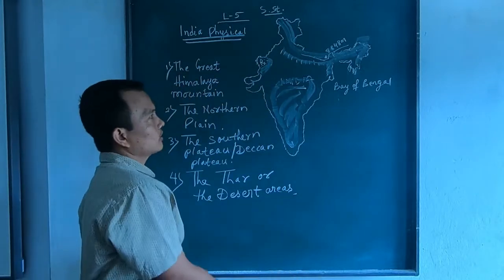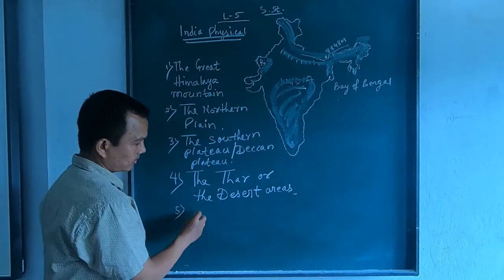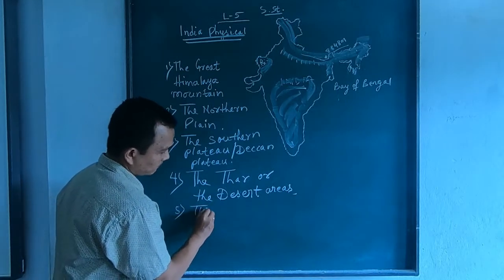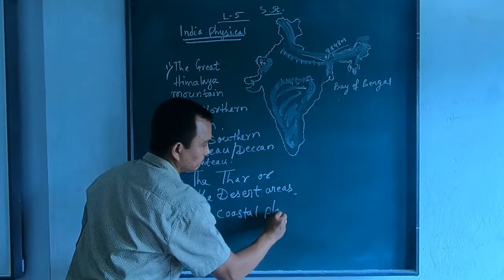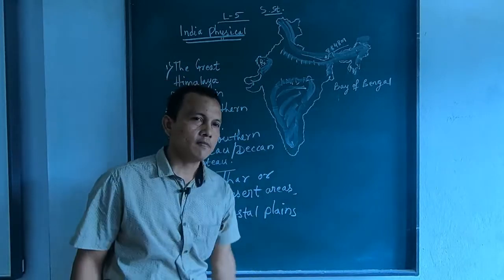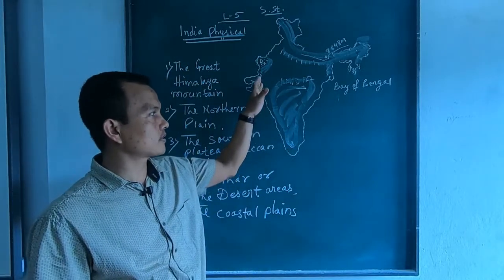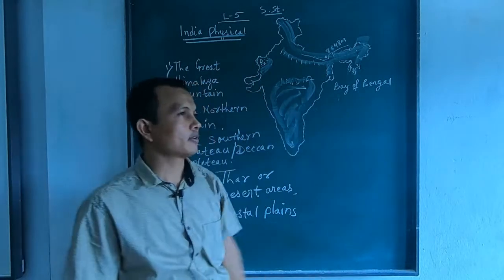And let us come now to the fifth. The fifth is the coastal plain. The coastal plain covers the coastal areas of the country.